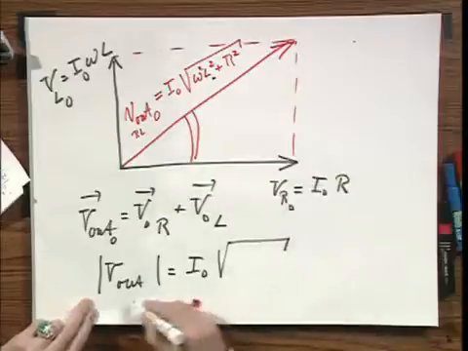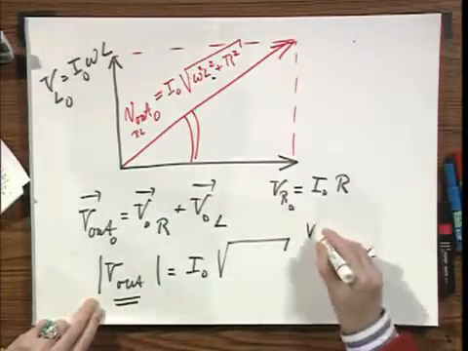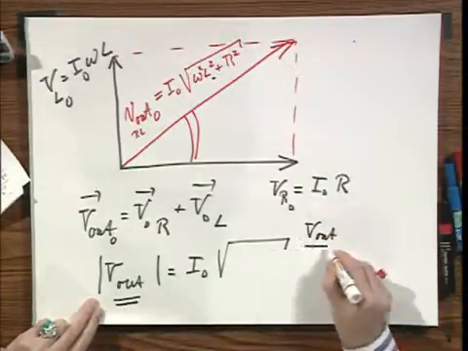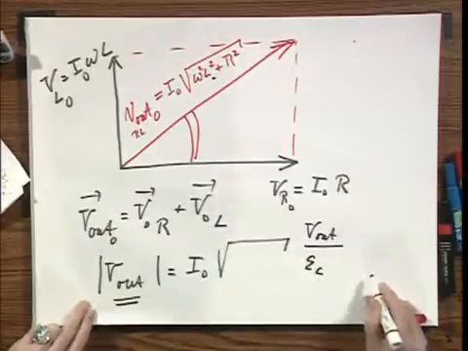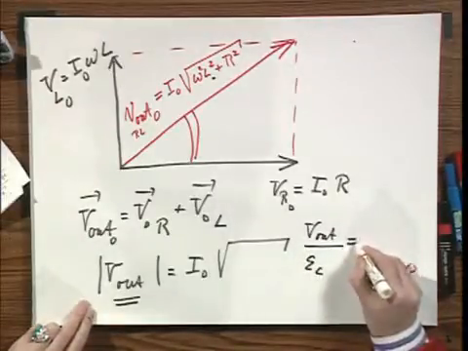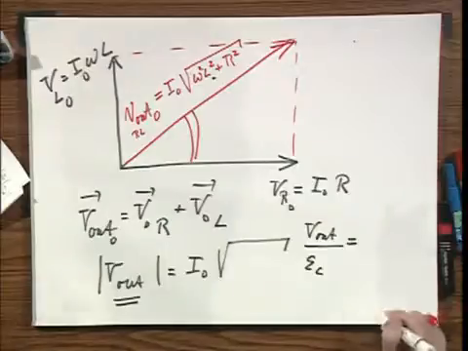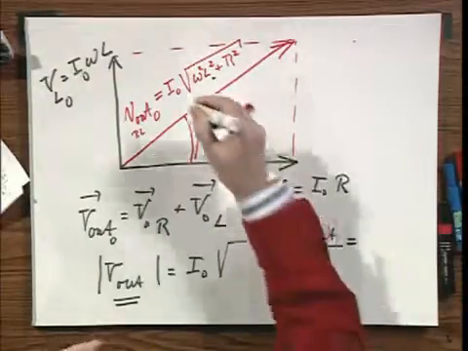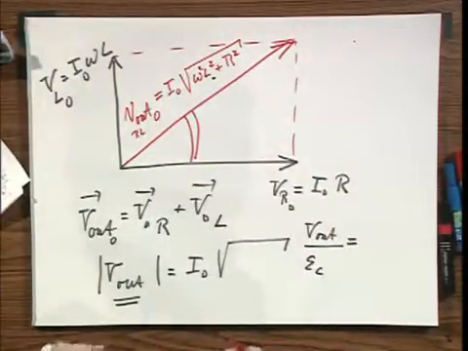And so if you want to know now what the ratio is of V out over ES, well, they have the I0 in common.